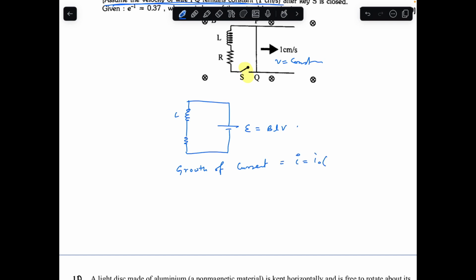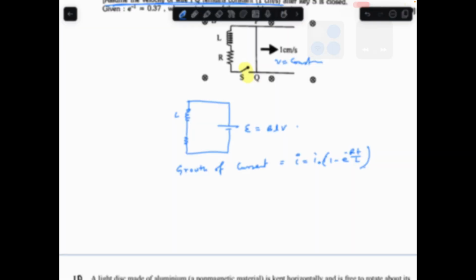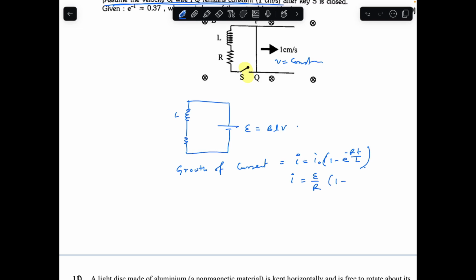Growth of current is I equal to I naught into 1 minus e to the power minus RT by L. So what is I? I naught is E by R at steady state. E is BLV.